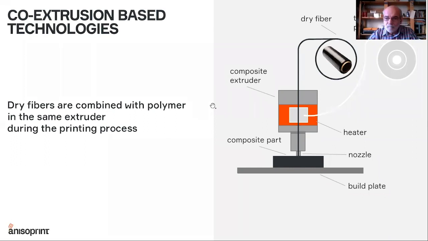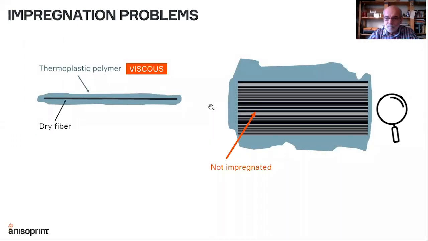So this approach is much more flexible than prepreg. But the problem is that if you do it with a thermoplastic, it's quite viscous, and very high pressures are normally needed to push the viscous thermoplastic inside the dry fiber tow. So if you just do it simply as it is with the dry fiber and the thermoplastic, the impregnation quality will be very poor.